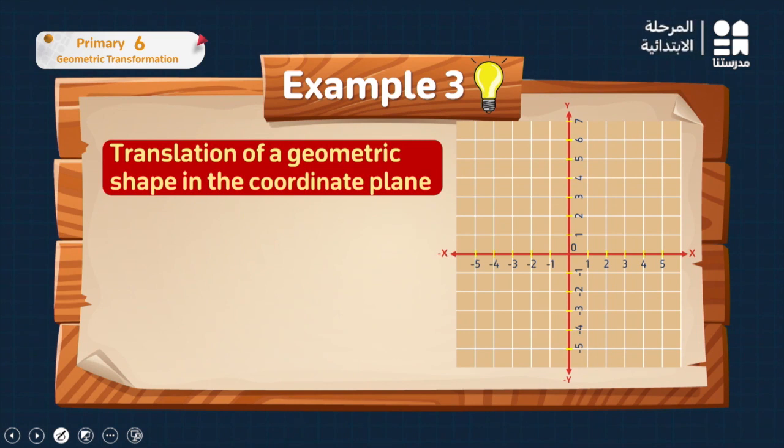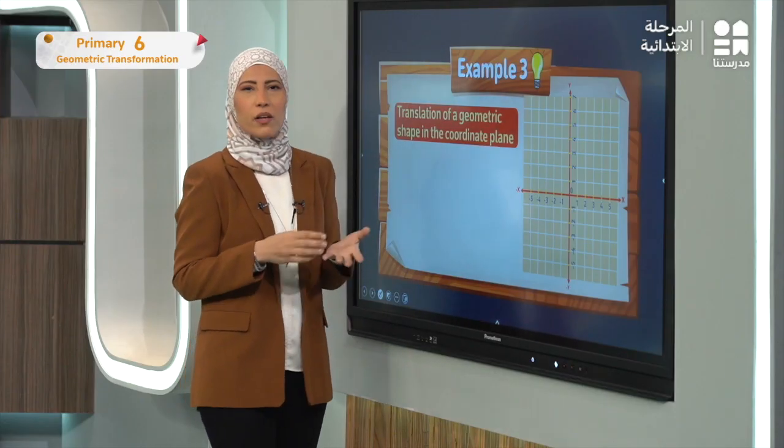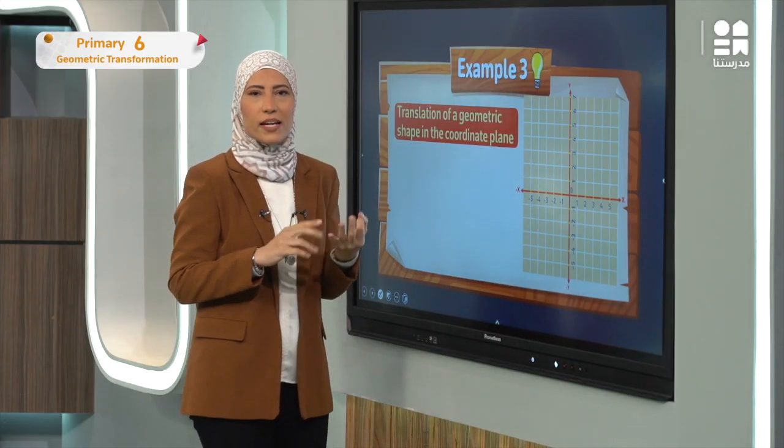Now I will going to translate a geometric shape. So any geometric shape supposed to have smaller geometric shape اللي هو triangle has 3 points.